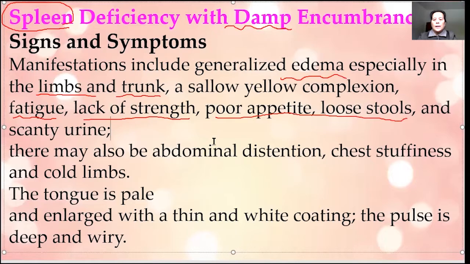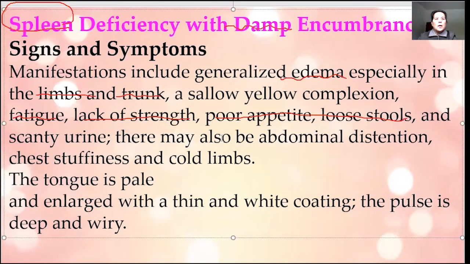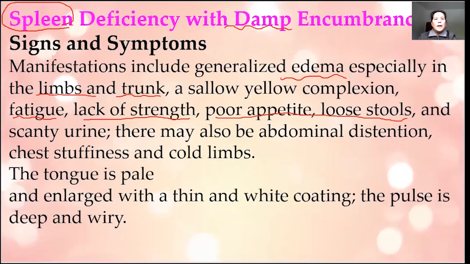And still scanty urination because actual water couldn't be released. So that's basically for these patients. Abdominal distension is still a spleen stomach disorder, and it can also cause some chest stiffness because dampness is blocking inside.